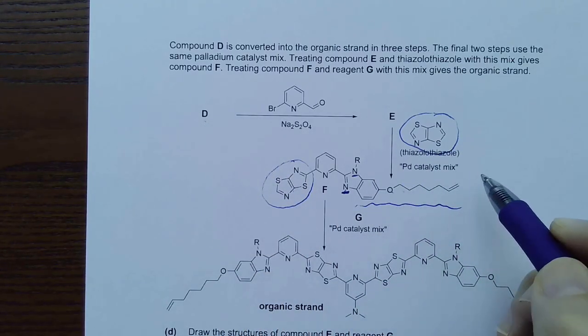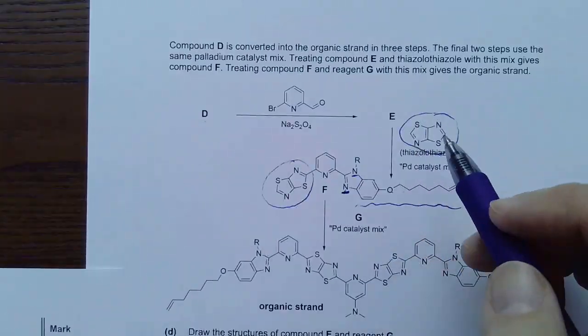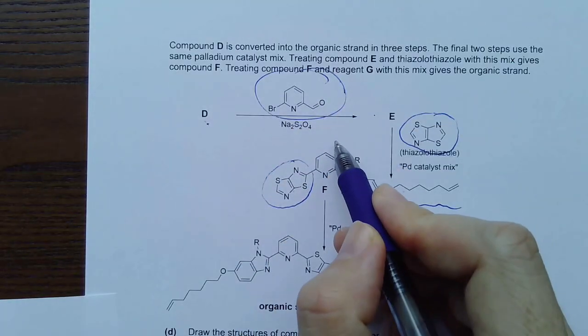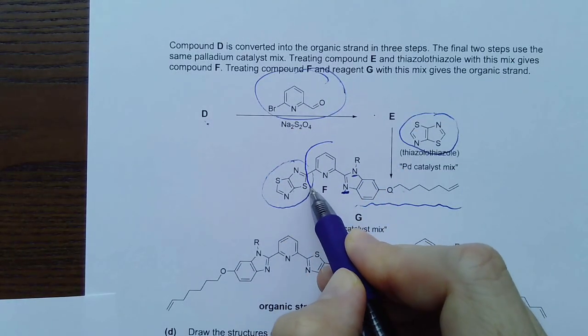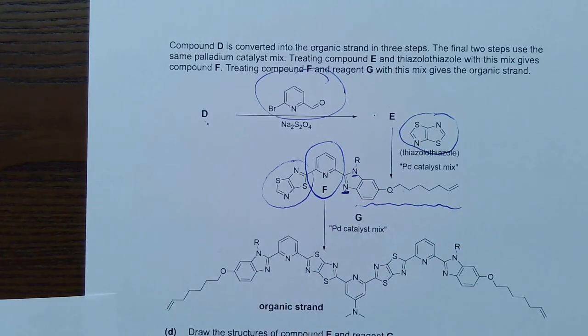And now all of this bit I've got in D. Yeah, that's all still there in D. So the D to E step is this bit. So it's adding this on here. Okay, it's adding that bit on.